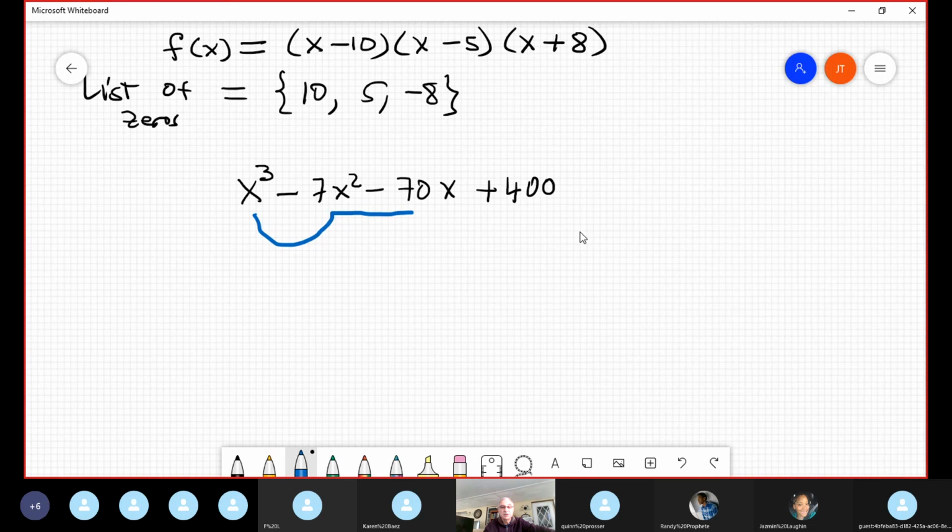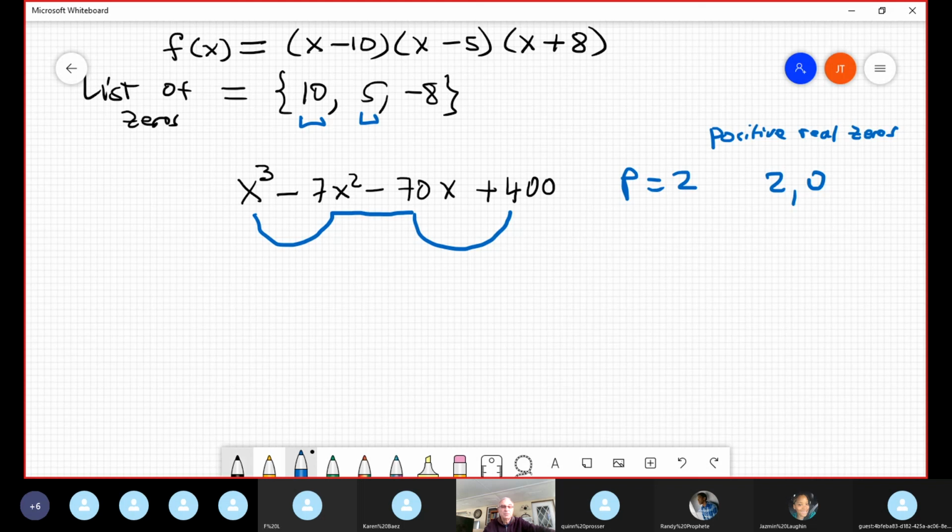Negative stays the same, and this one changes. So we have 2 changes. So 2 or 0 positive real zeros. And my problem has 10 and 5.